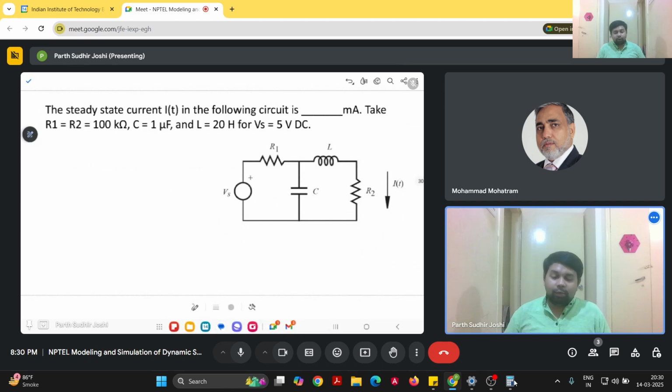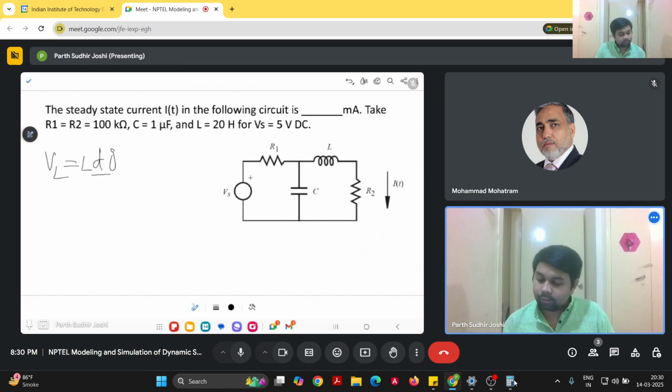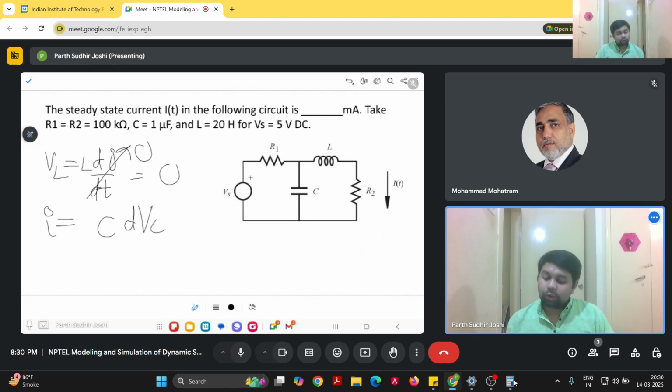Exactly. As you correctly said, the potential difference across the inductor is basically L di by dt, and at steady state di by dt will be 0. So the potential difference across the inductor will become 0. For the capacitor, the current flowing through the capacitor is C into the derivative of the potential difference across the capacitor.